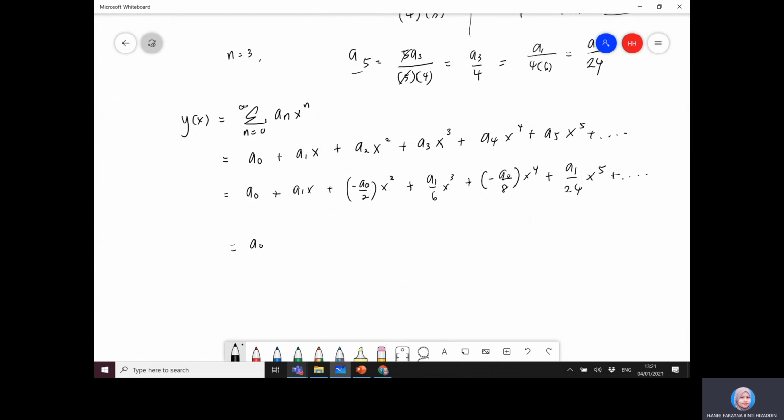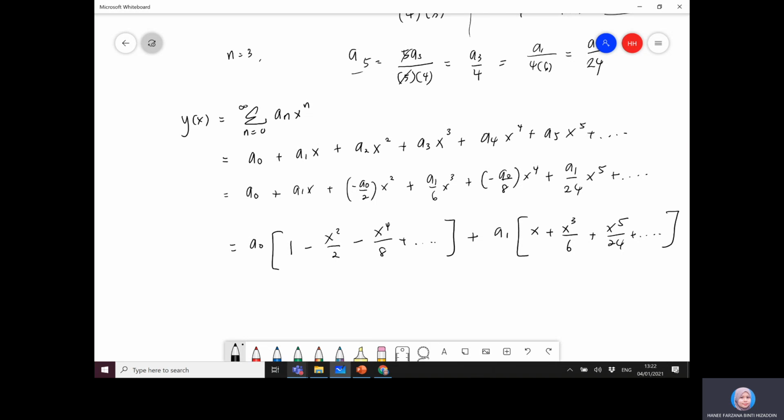So you collect those terms with a0. Take out a0, and 1 minus x squared over 2 minus x to the 4 over 8, and so on, and plus a1 times, inside here starts with x, and then plus x cubed over 6, plus x to the 5 over 24, and so on.